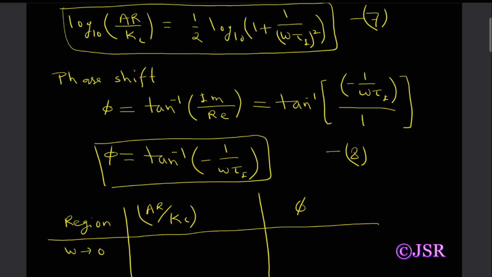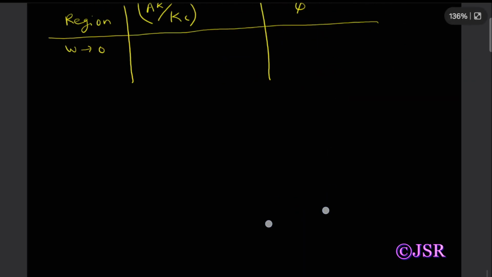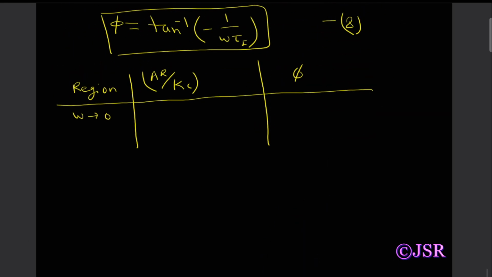so 1 upon omega square tends to infinity. So we can take 1 upon omega square tau I square common. So here we can see when omega tends to 0, it means 1 upon omega square tends to infinity.